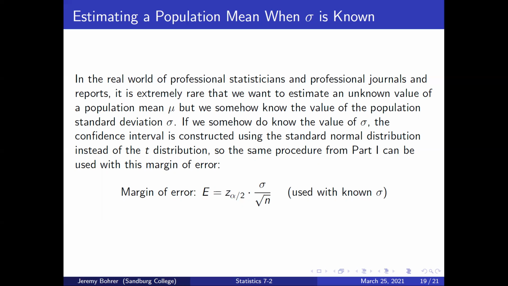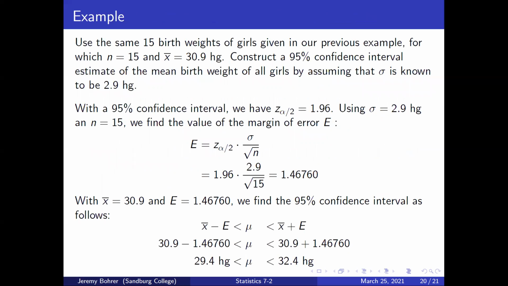Use the same 15 birth weights of girls given in our previous example for which n equals 15 and x bar equals 30.9 hectograms. Construct a 95% confidence interval estimate of the mean birth weight of all girls by assuming that sigma is known to be 2.9 hectograms.